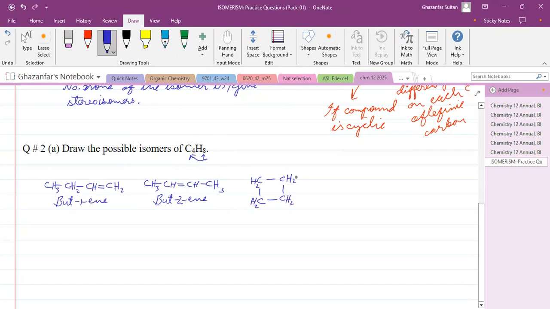C4H8: 4 carbons, and 2 into 4 is 8. And the name of this compound is cyclobutane, because all the carbon-carbon bonds are single. So the prefix cyclo is used here. So these are the three isomers, or you can say that these are the structural isomers of C4H8. It is better to use the formula C4H8, because this is not butene, this is cyclobutane.